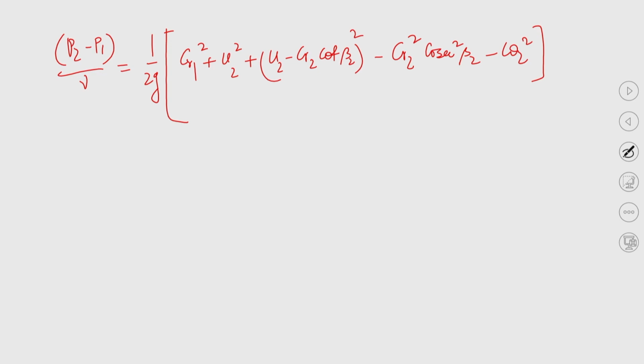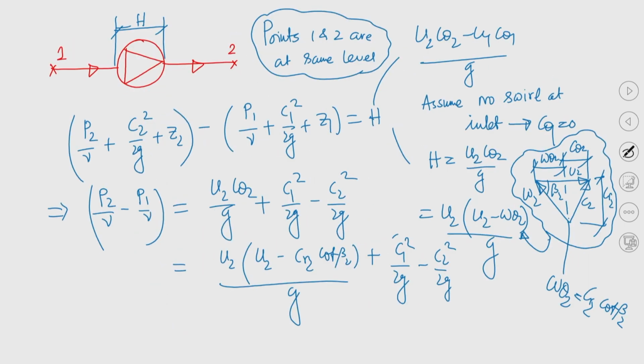Now, if we go to the previous one, you can see u2 minus CR2 cot beta 2, what is this? u2 minus CR2 cot beta 2 is nothing but C theta 2.